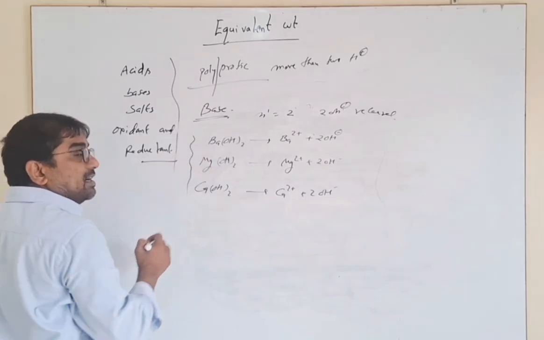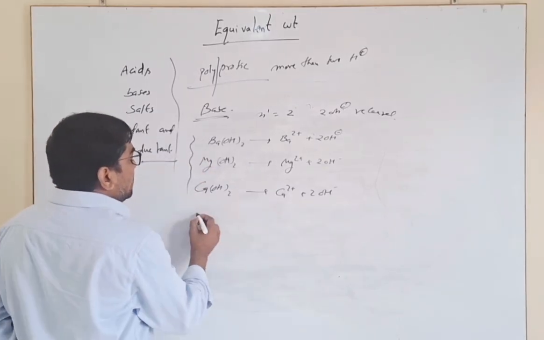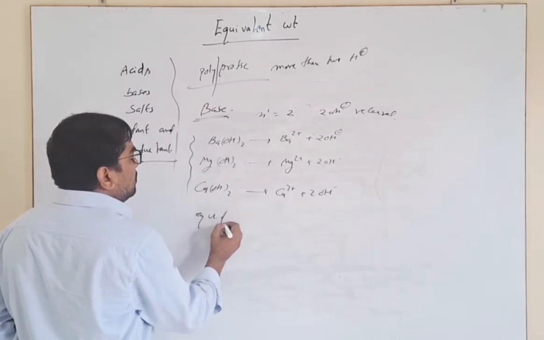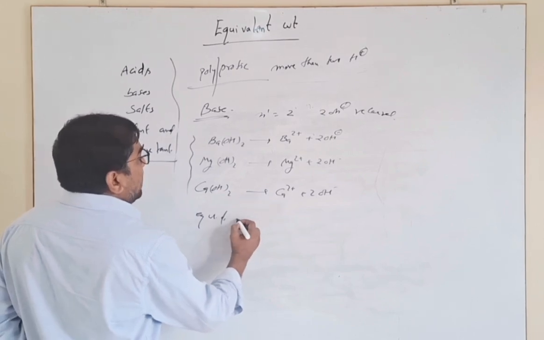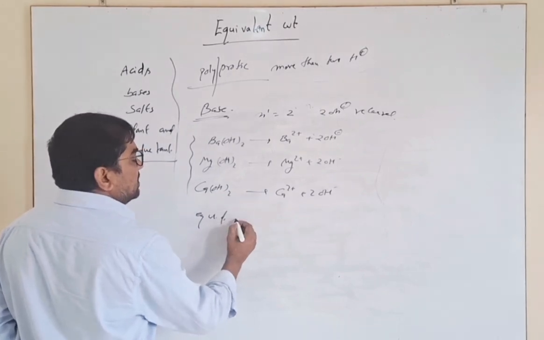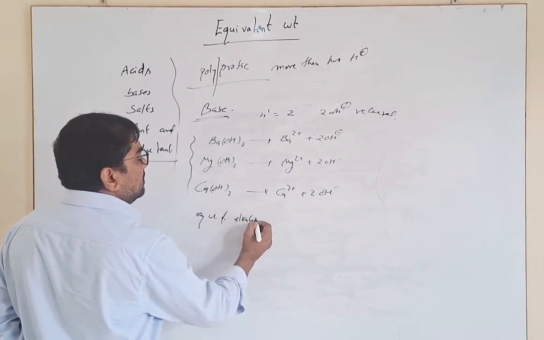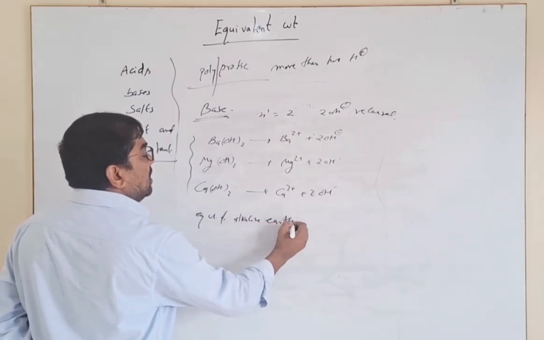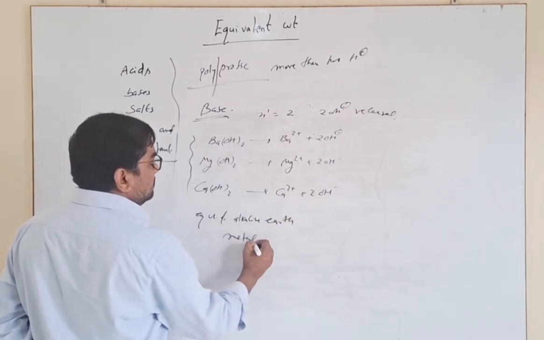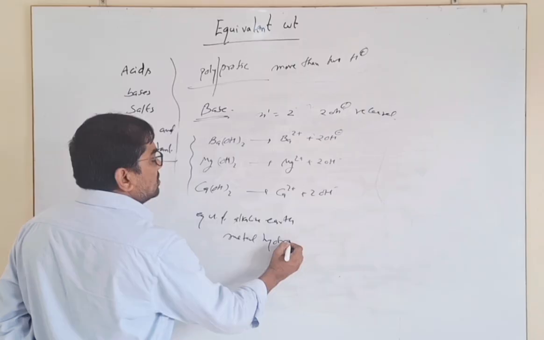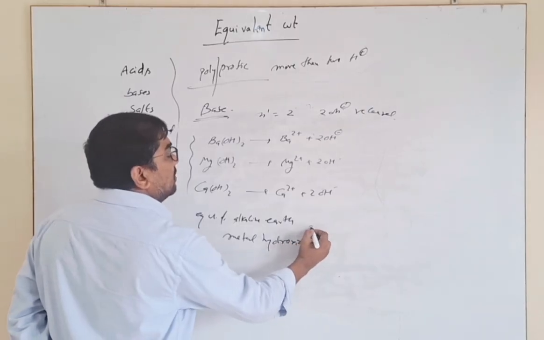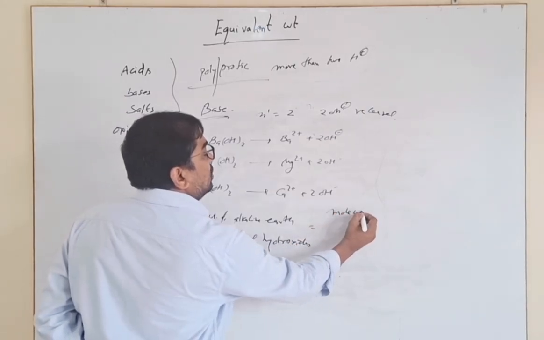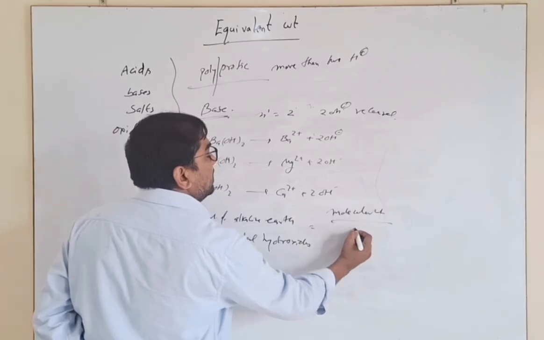So for alkaline earth metal hydroxides, the equivalent weight of barium hydroxide, magnesium hydroxide, that is an alkaline earth metal hydroxide, will be its molecular weight divided by 2.